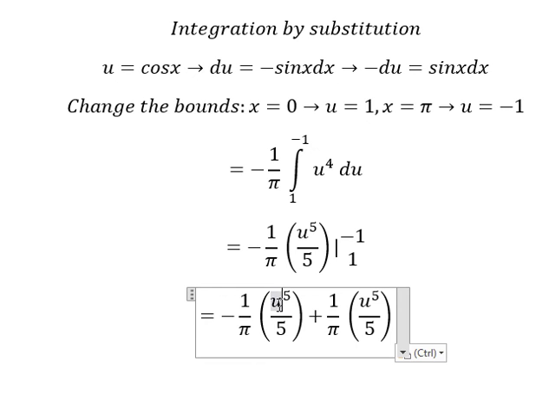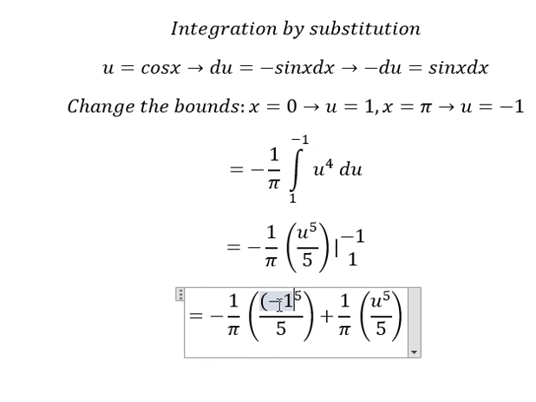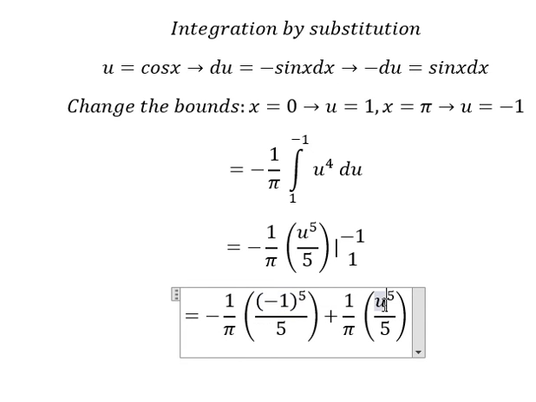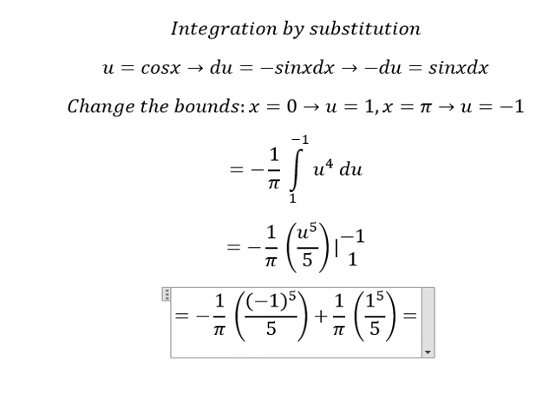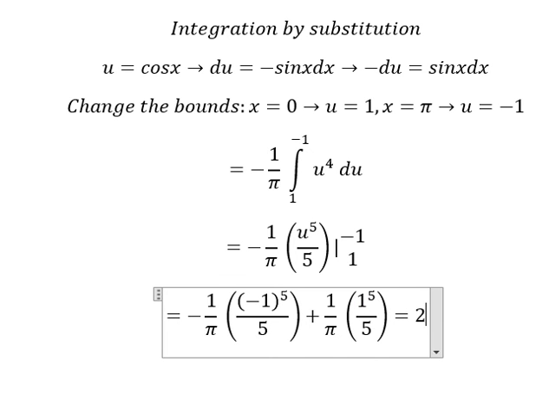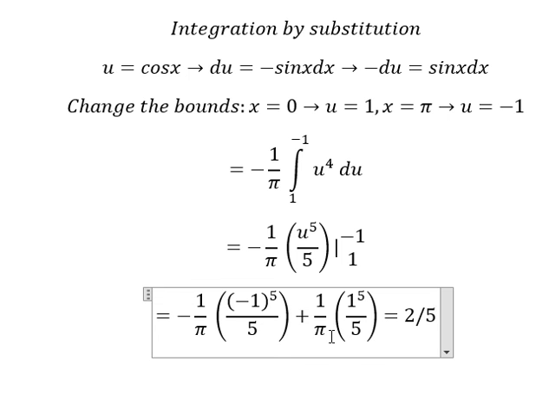So I need to put negative number 1 here and positive number 1 here, and we have the final answer. That is about 2 over 5b.